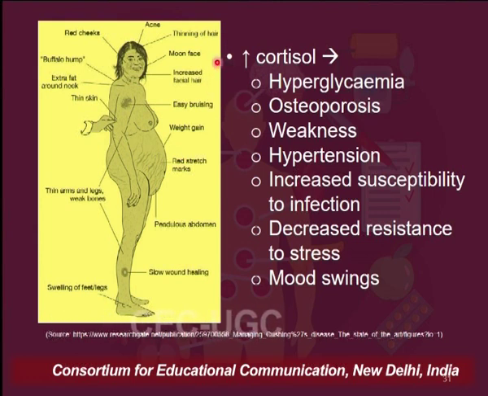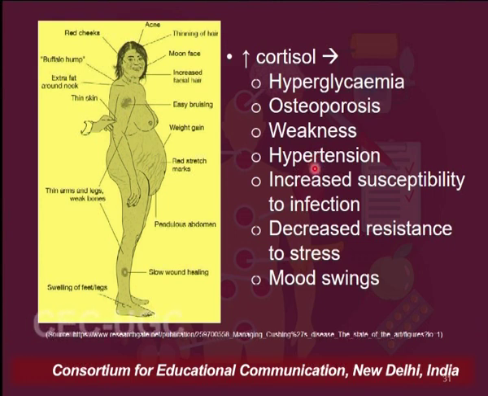So, increased cortisol will definitely lead to hyperglycemia. So, this patient would be having diabetes also. There will be very fragile bones, because of which osteoporosis is observed. They will be extremely weak with a lot of mood swings.